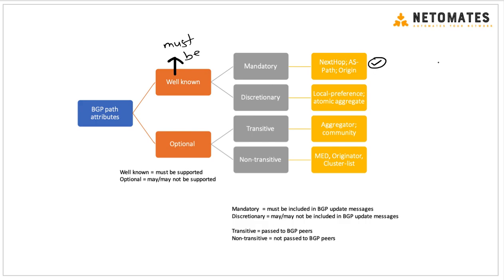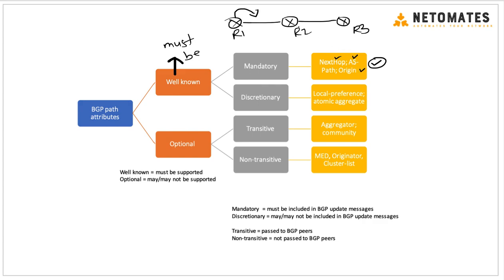Let's look at this topology: R1, R2, R3. There is a BGP session between R1 and R2 and another BGP session between R2 and R3. When R1 advertises a route with well-known mandatory attributes, it must include all this information: next hop, AS path, and origin.